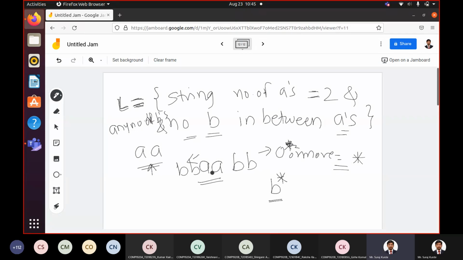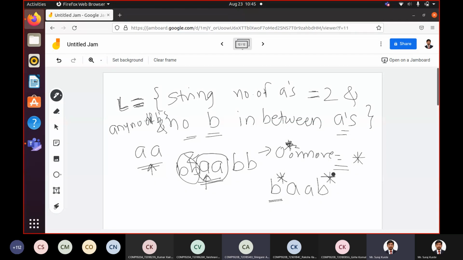There is no B in between two A's. So two A's are consecutive in the string. And before the first A, I can have B. So again, it is repeated 0 or more times. So what will be the regular expression? B star A A B star. Good.